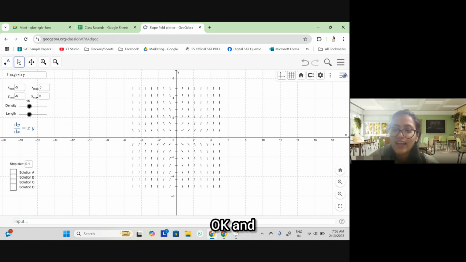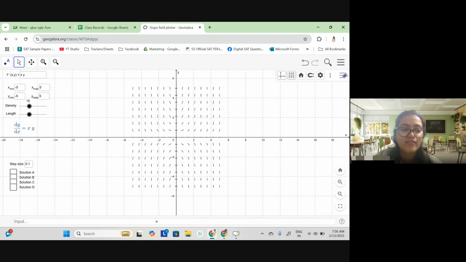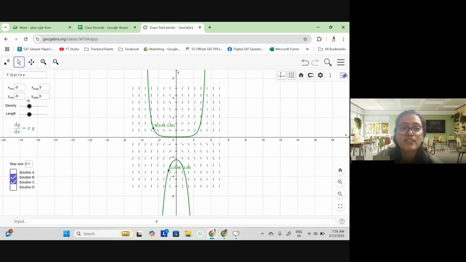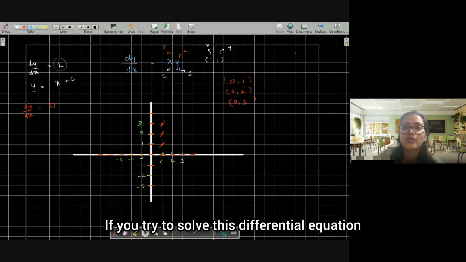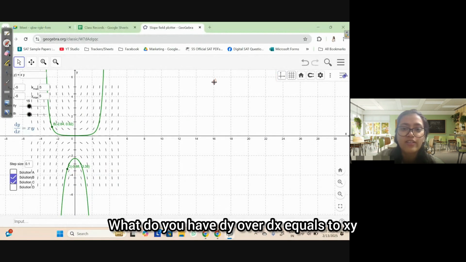And so see, this is the slope field for dy over dx equals xy. For different values of c, you will get this. And if you try to solve this differential equation, what do you have? dy over dx equals xy.